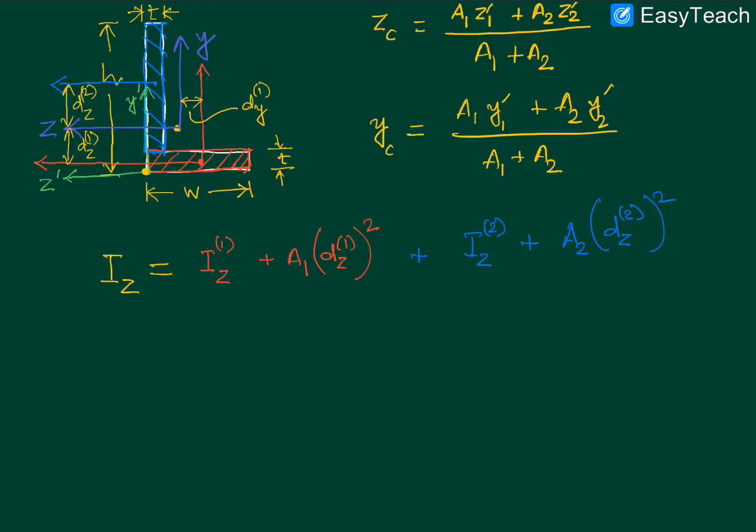In exactly the same fashion, we'll have the centroidal axis referring to the blue rectangle like this, and the distance between this y-axis and the actual y-axis that we have to consider will be dy2.